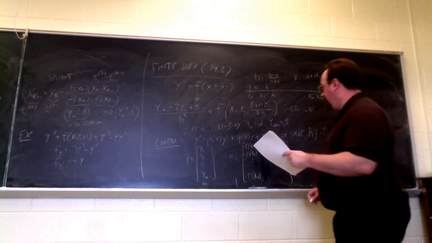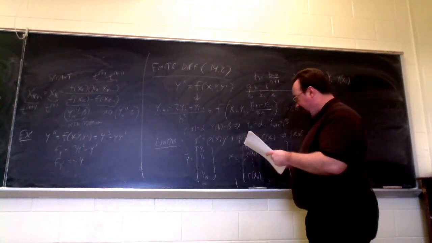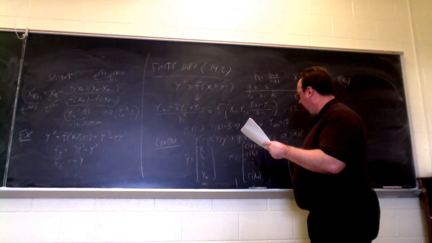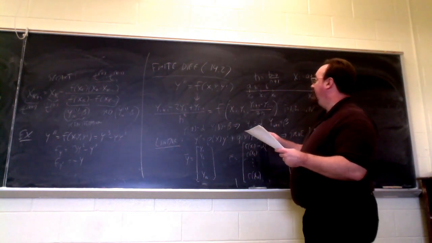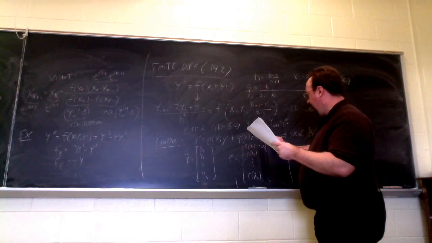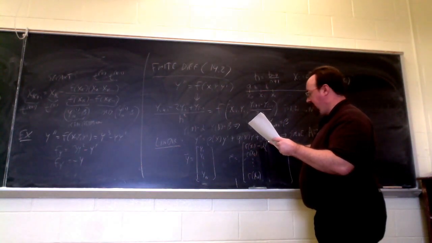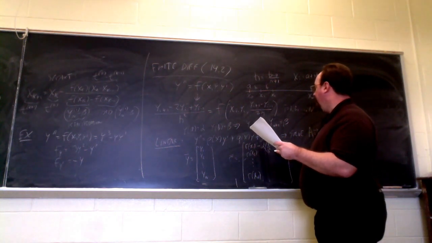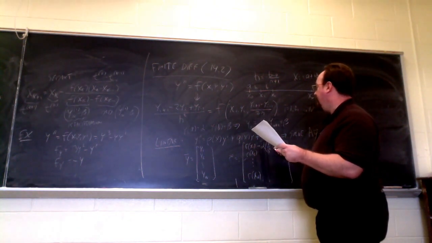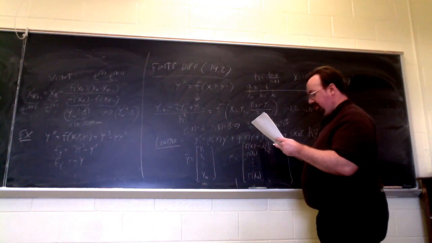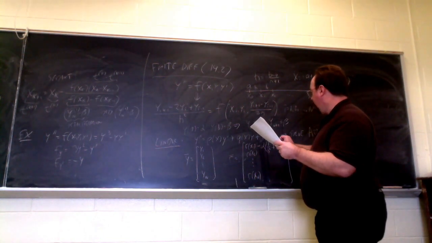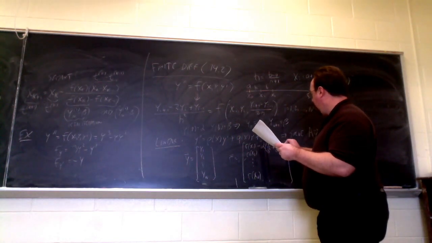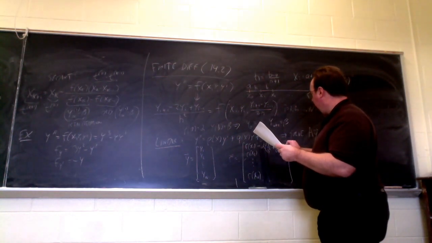Minus alpha, and I'm going to get 1 over h squared plus 1 over 2h p of x1.